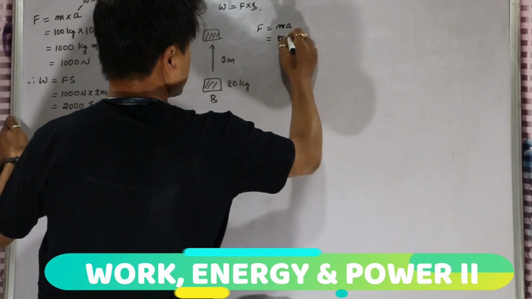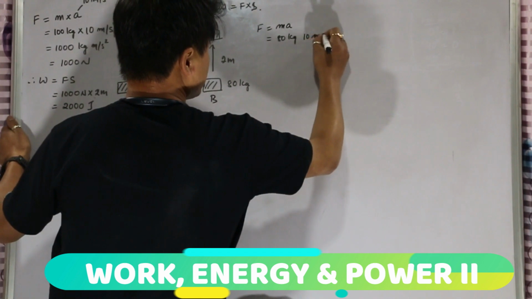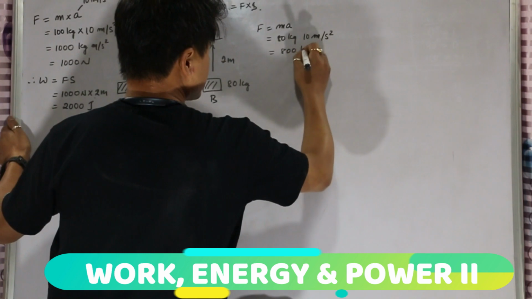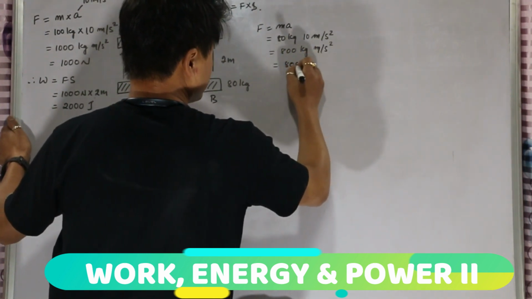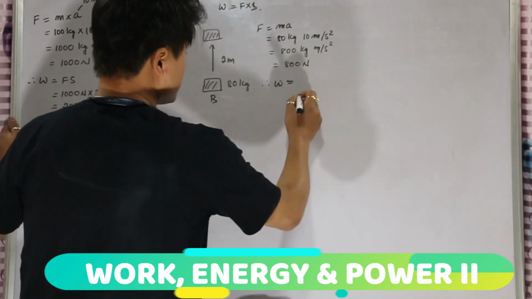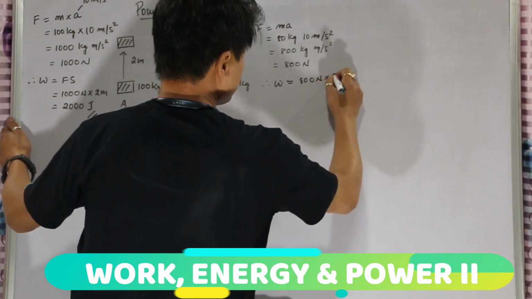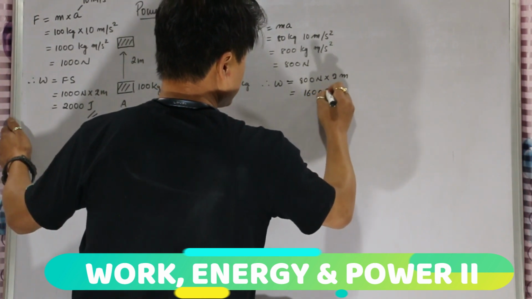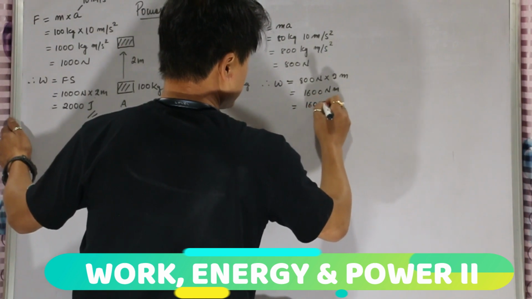Mass is 80 kg, acceleration is 10 meter per second square, which is 800 kg meter per second square, equal to 800 Newton. Therefore, its work done is force 800 Newton into 2 meter displacement, which is 1600 Newton meter, equal to 1600 joules.